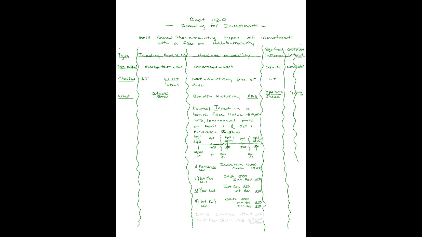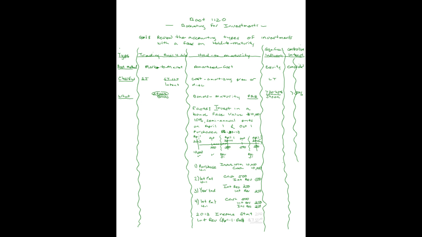How does that look on our 2013 income statement? Well, on our 2013 income statement, we should have interest revenue from April 1st, when we bought it, to December 31st. If I'm not mistaken, that's January, February, March is not included, but the other 9 months are.